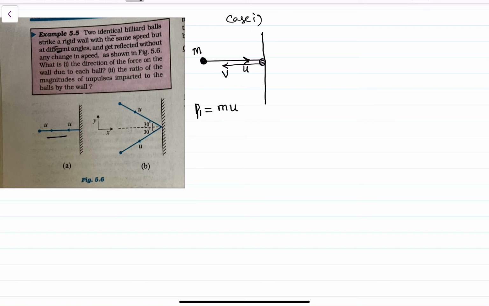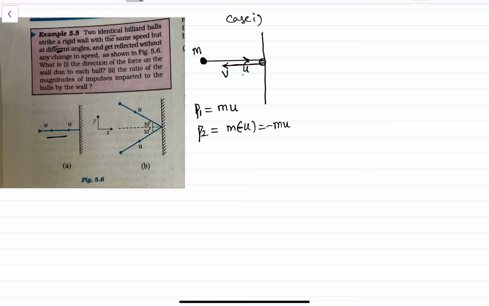He mentioned it: it gets reflected without any change in speed. Speed is constant, but direction is changing. So direction is along the negative x-axis. So the final momentum of the ball is equal to mass into velocity. Velocity is the same, u, but it is in the negative x direction. So the final momentum is equal to minus mu.